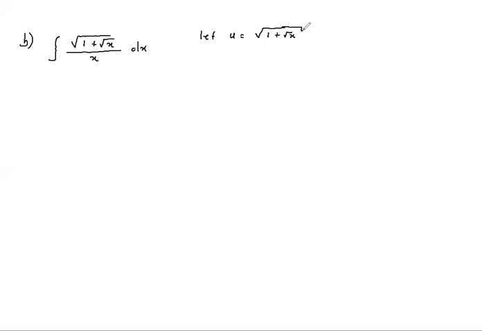Then from there, you start looking for x. So you square, you also square on the left, so you have u squared equal to 1 plus root x.